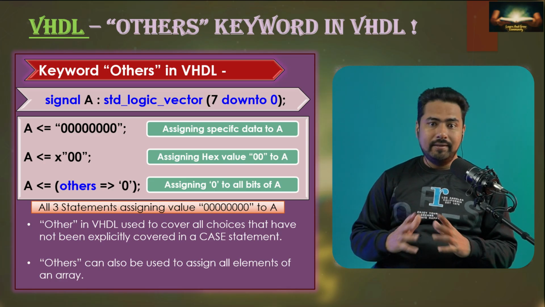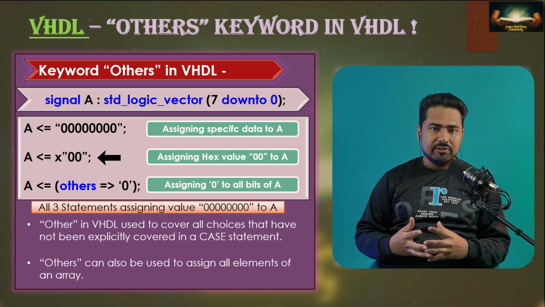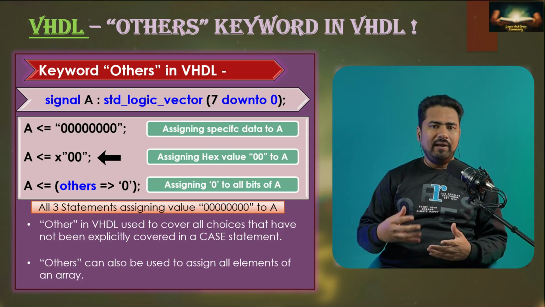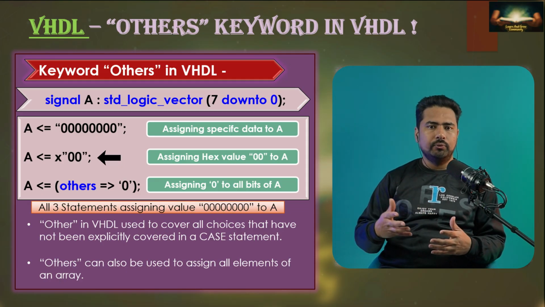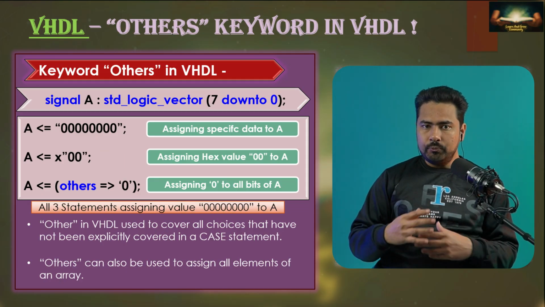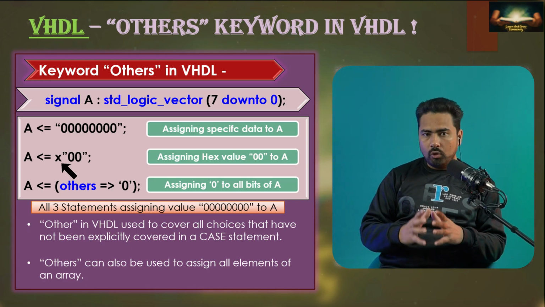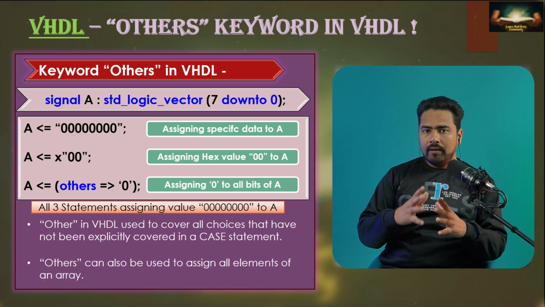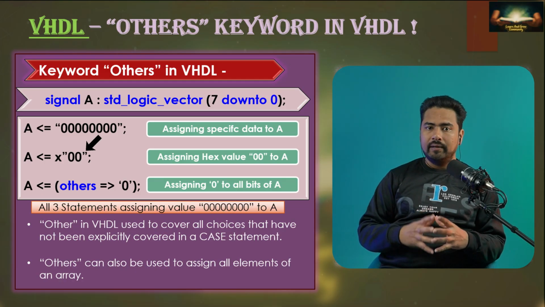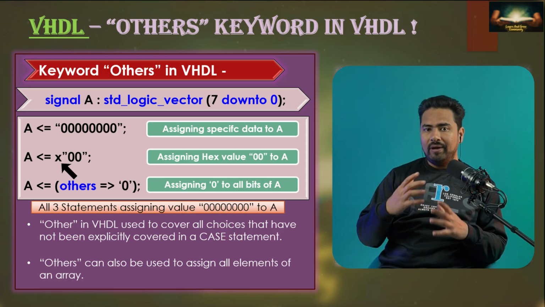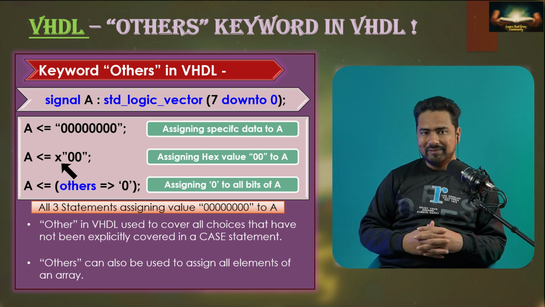The second method is using hexadecimal notation. So you can assign a value like this: A gets the value of x"00" semicolon. To write in hexadecimal, we have to use the letter x followed by the hex number. Remember that hex values are written inside double quotes, and the x here notifies that the value is a hexadecimal number.